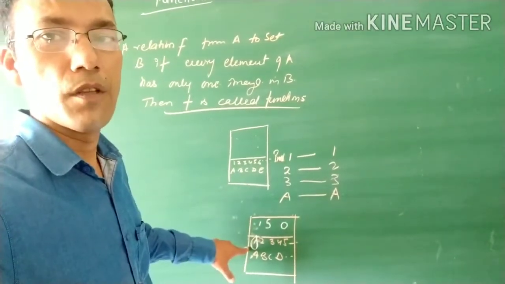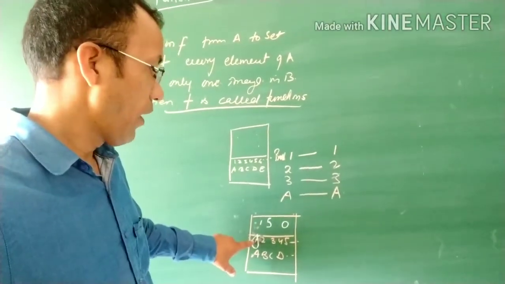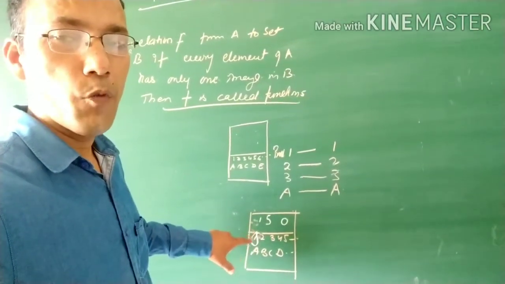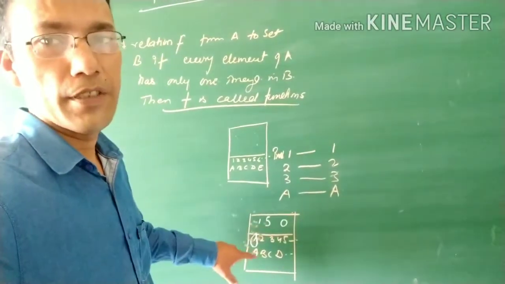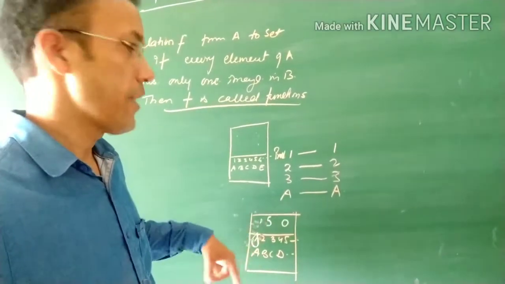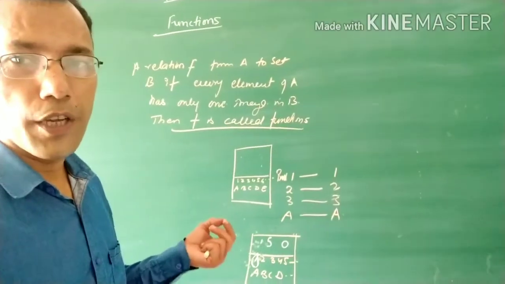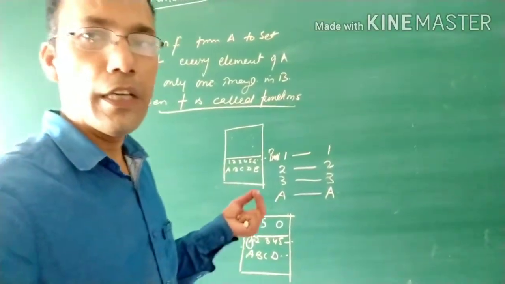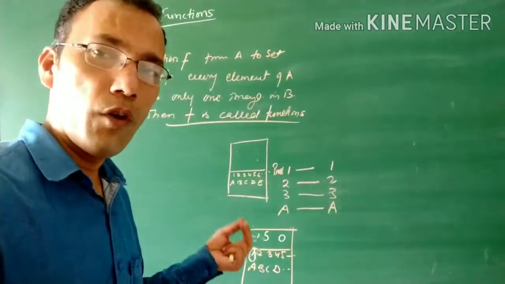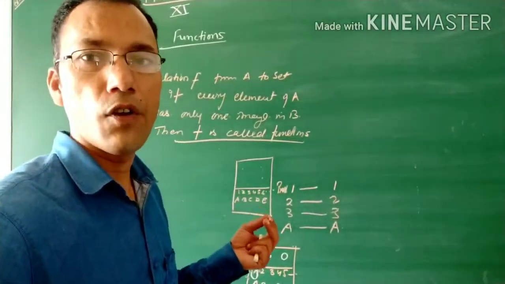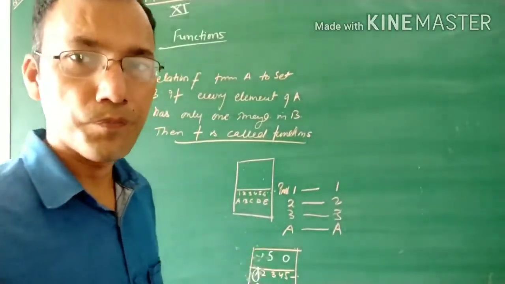Once I press 1, it shows 1, that is good, one image. After 1 hour it shows 5, that means the image of 1 is 5 now, the image has changed. That means if any object or any key has more than one value, that is not a function in mathematics.